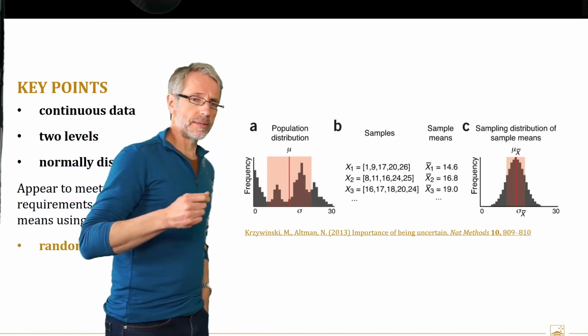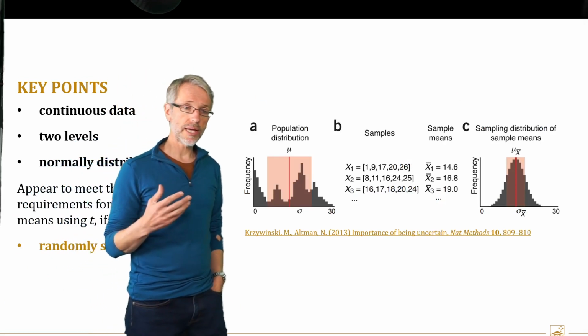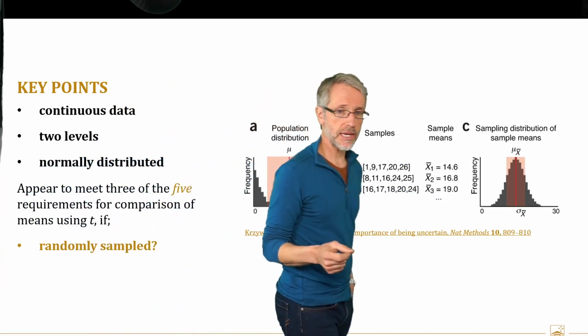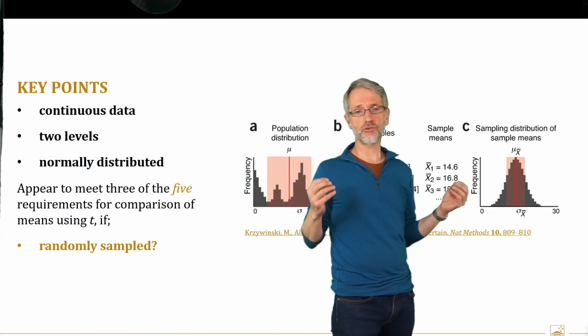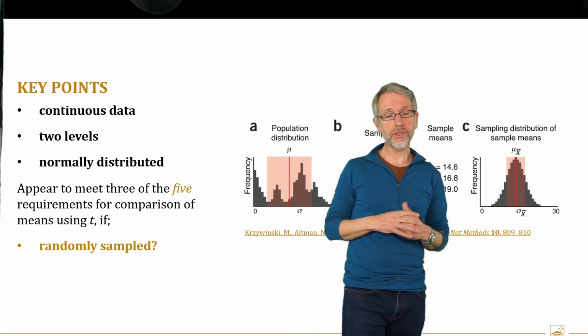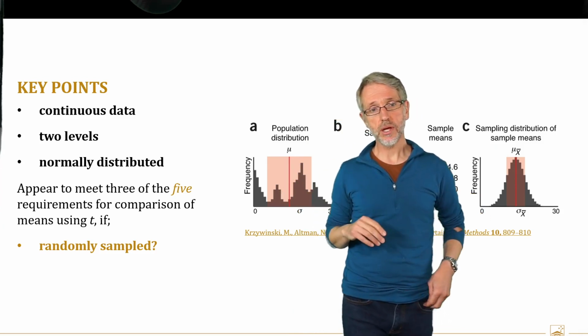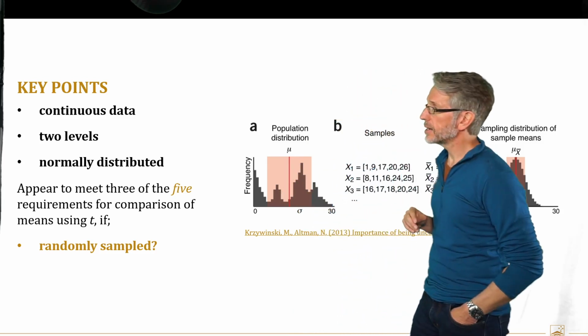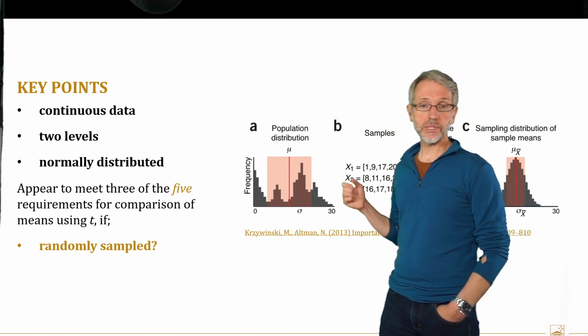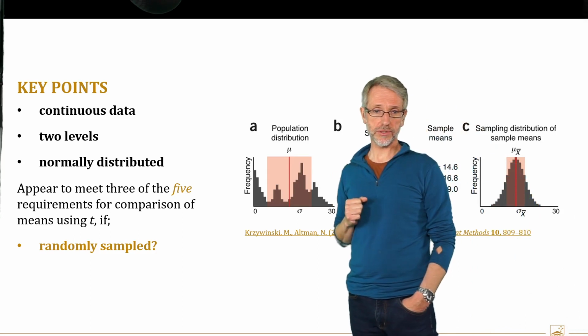Now remember, as I highlighted earlier, one of the key caveats here is that our samples are drawn at random. And that is our fourth condition associated with testing. We have randomly sampled, independent observations.